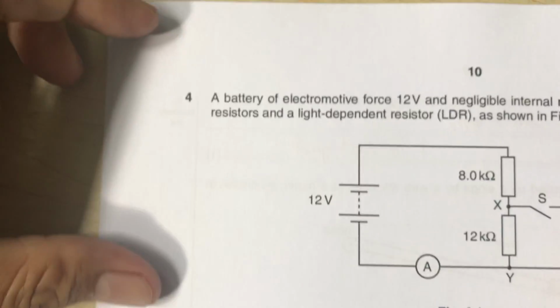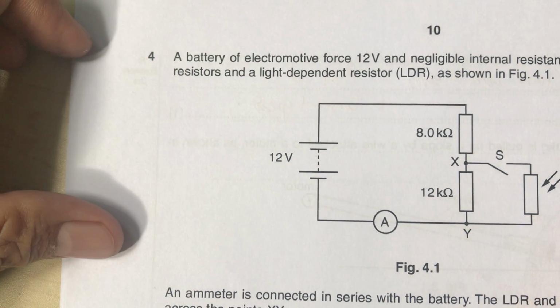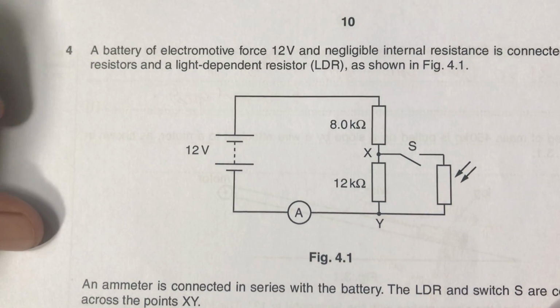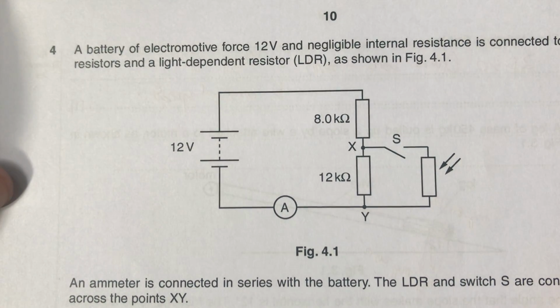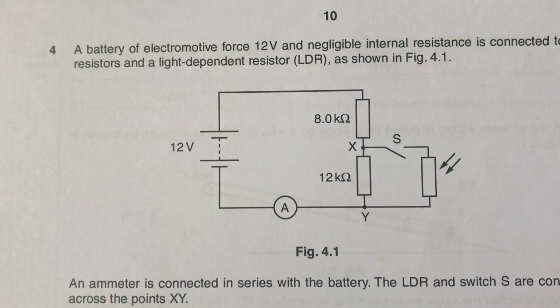So if we continue with other numbers, number 4 is about an electric circuit. We're talking about the LDR, or light dependent resistor.